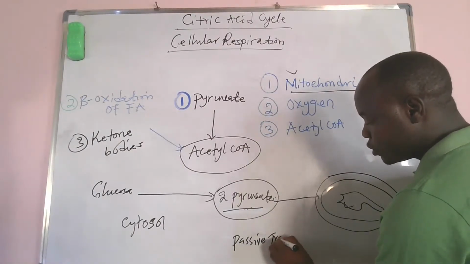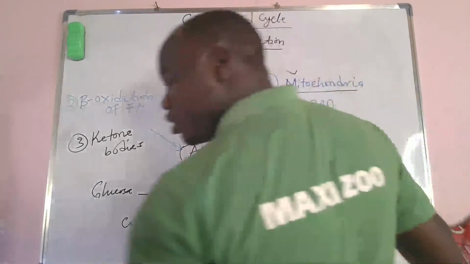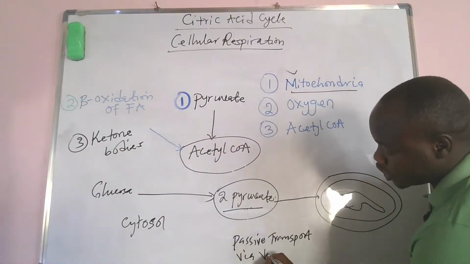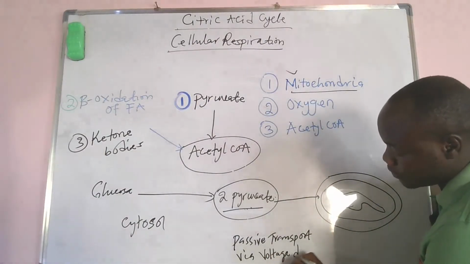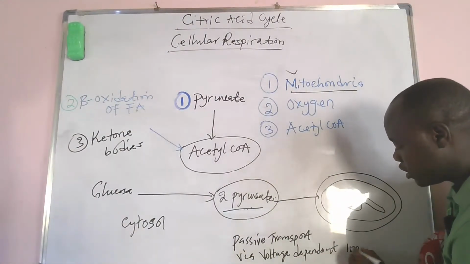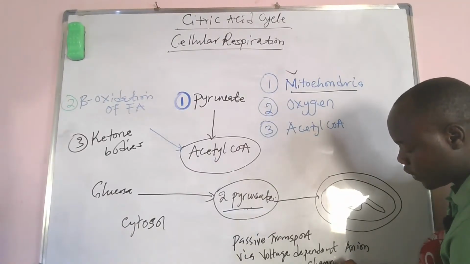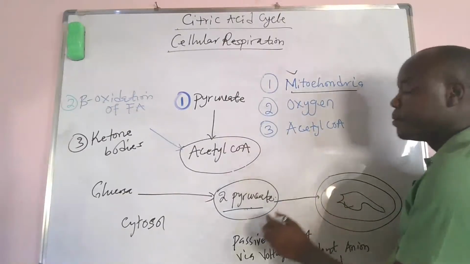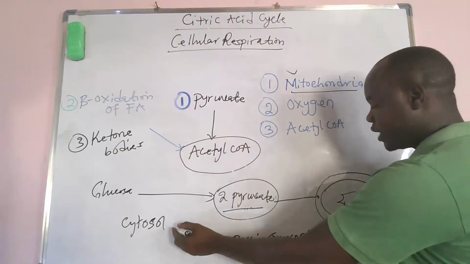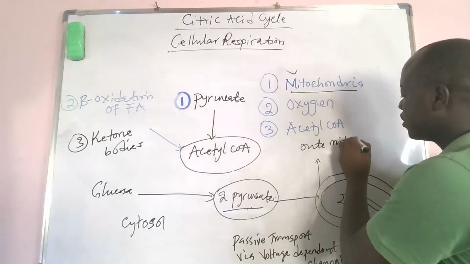Passive transport via a voltage dependent ion or anion channel. So you see, pyruvate transports itself from the cytosol, get it very well, to the outer mitochondria.